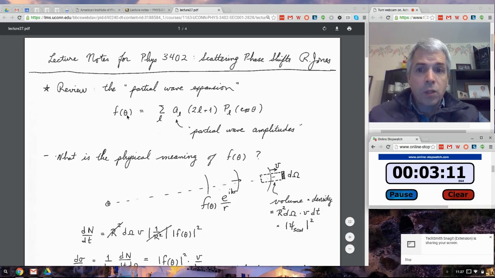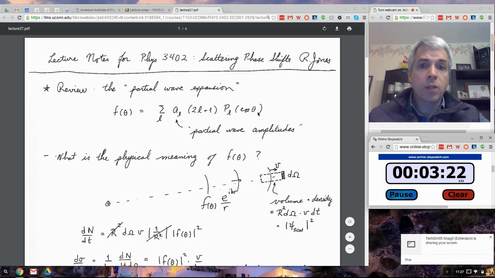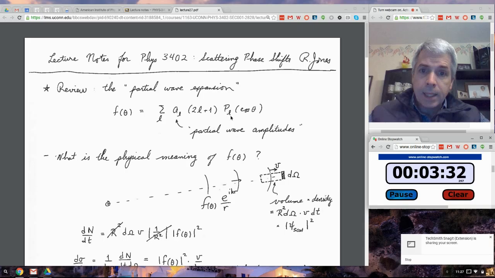It's a function of theta between 0 and pi, and therefore can be expanded in terms of any complete basis. Let's take the Legendre polynomials in cos theta as our discrete basis. Then, since it's discrete, we have these subscripts L, which are integers from 0 to infinity.